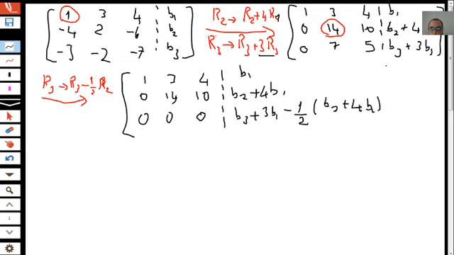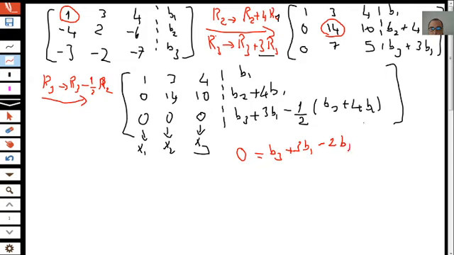Okay, that's it. So the first column corresponds to variable x1, the second one is x2, and the third one is x3, and we have the zero row for the coefficient matrix here, namely the coefficients of x1, x2 and x3 are 0, so the left side of the linear equation becomes 0, and the right side is equal to b3 plus 3b1 minus 2b1, minus b2 over 2.